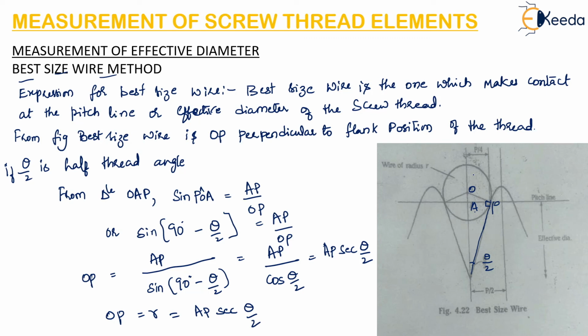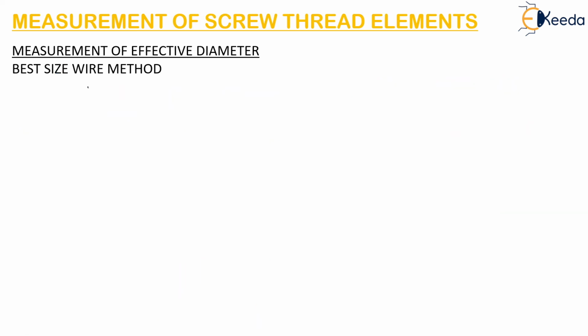So here we can see that OP is the small r value, which is the radius of the wire. We know that wire diameter is equal to 2r, that is 2 into the radius.